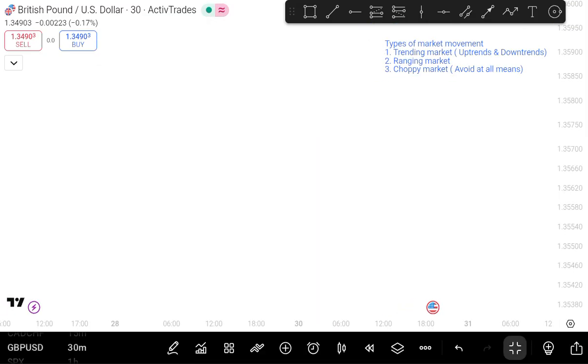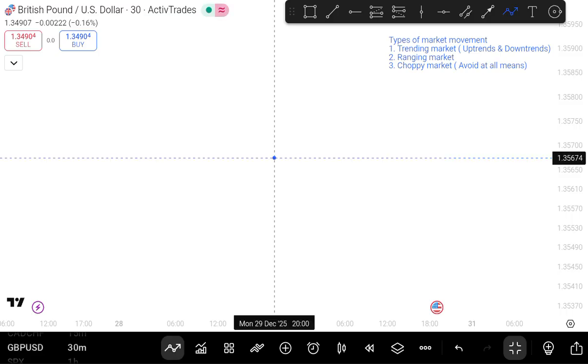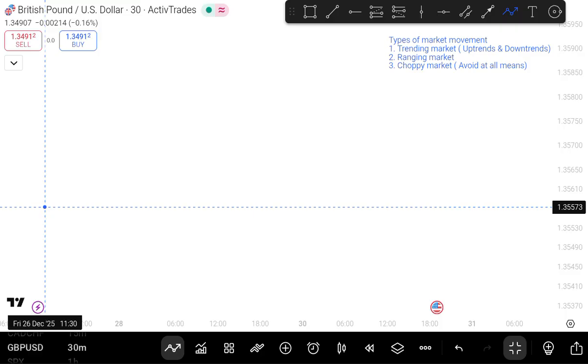Now let's draw these types of market that we have. Then from there we move to the chart to look at all these types of market movement. Now number one is the trending market. And if you remember, I said in the trending market we have the uptrend and we have the downtrend.